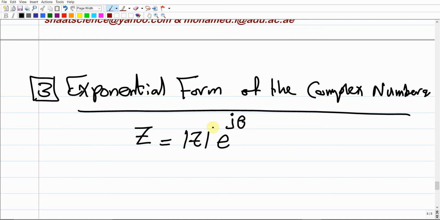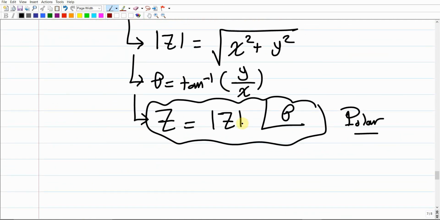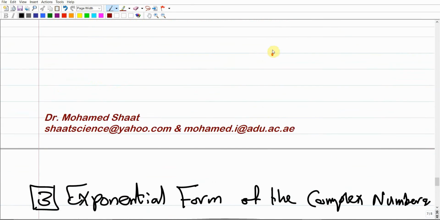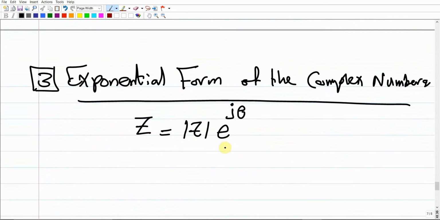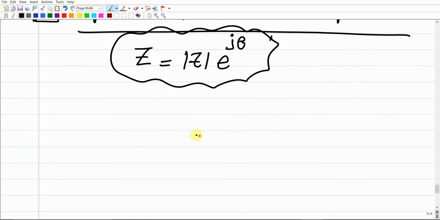So this is the angle and this is the magnitude, very similar to the polar form, but instead of writing the magnitude and the angle sign, we use the exponential j theta, right? So this is the exponential form of the complex number.